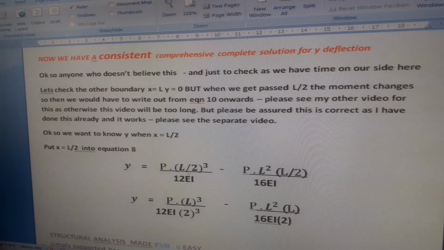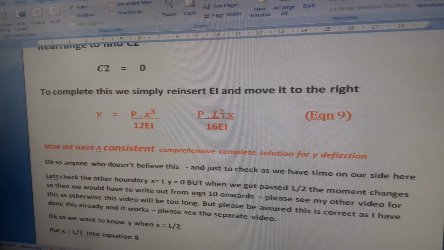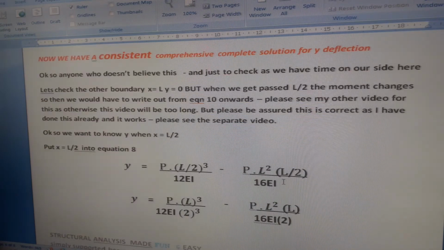y equals p (L over 2) cubed divided by 12 EI minus p L squared times (L over 2) over 16 EI.